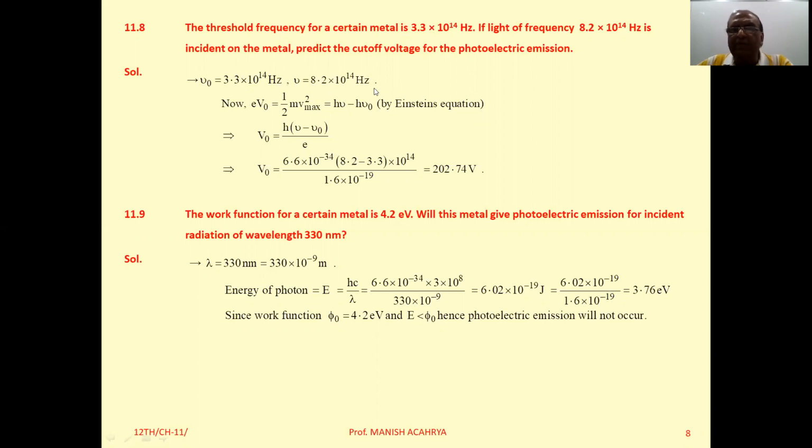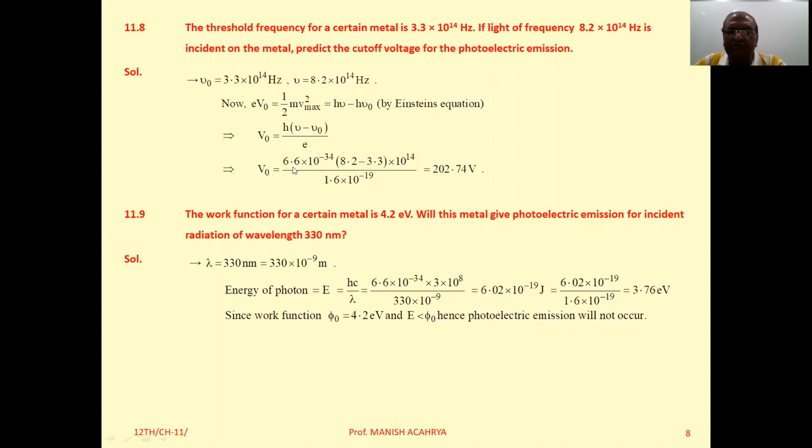Now we have Einstein's equation: eV0, which is equal to the maximum kinetic energy, equals hν minus hν0. We want to calculate V0. So make V0 the subject, take e to the right-hand side. So we can write h times (ν minus ν0) upon e.